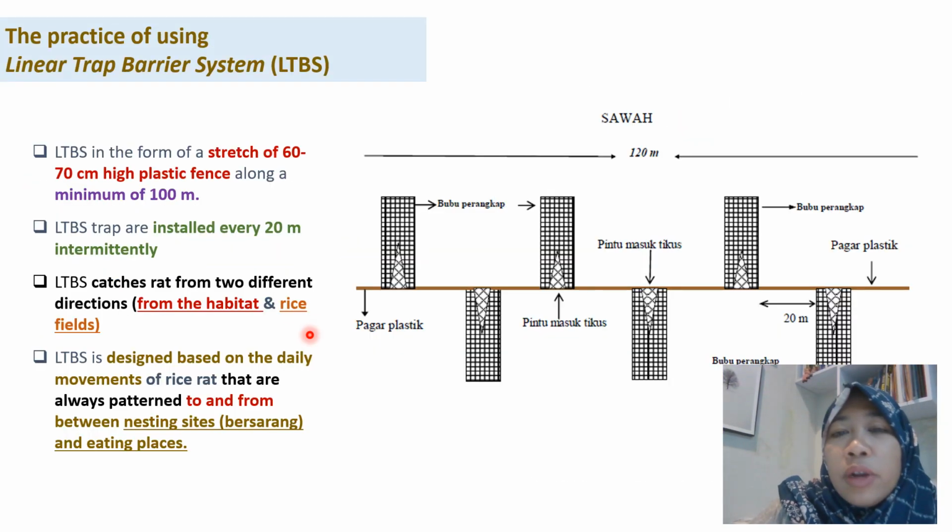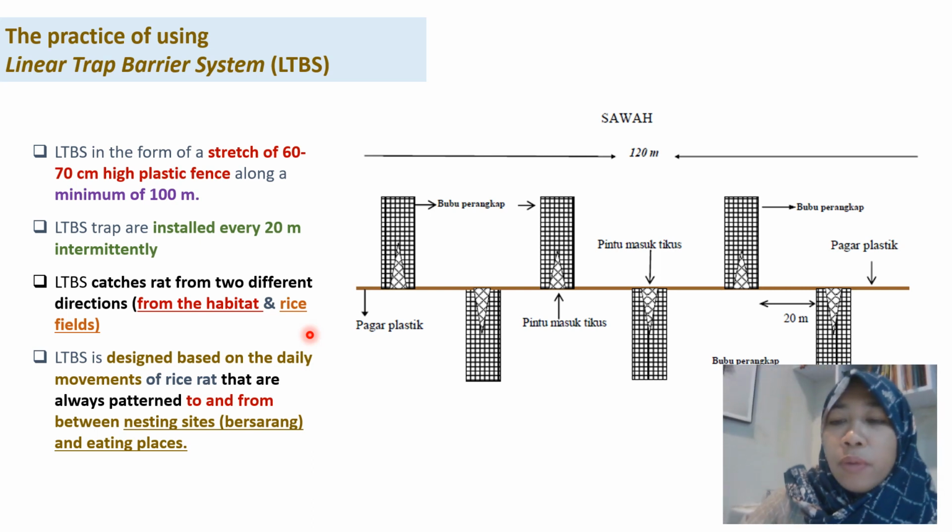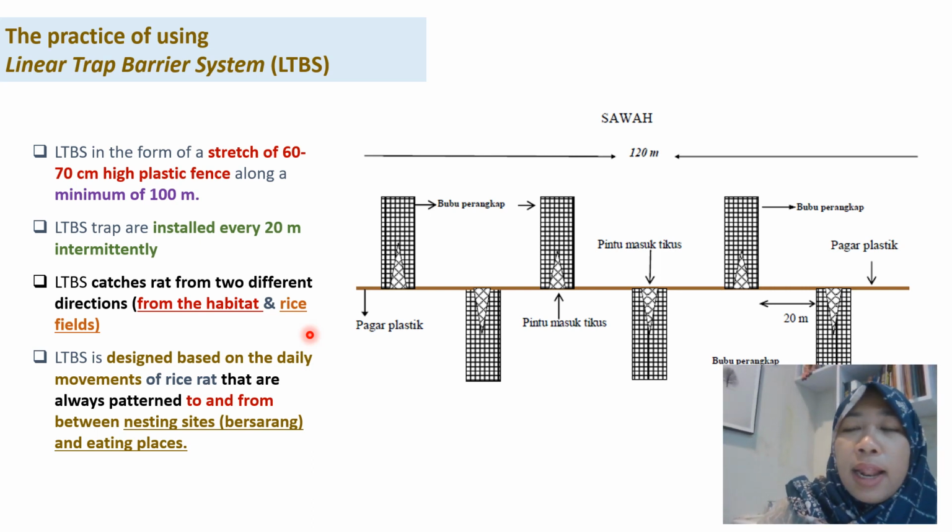And what is the difference with the LTBS? LTBS, from the word, the L means the shape is linear. As you see in the picture, the TBS is square, but an LTBS is linear. It's the same.